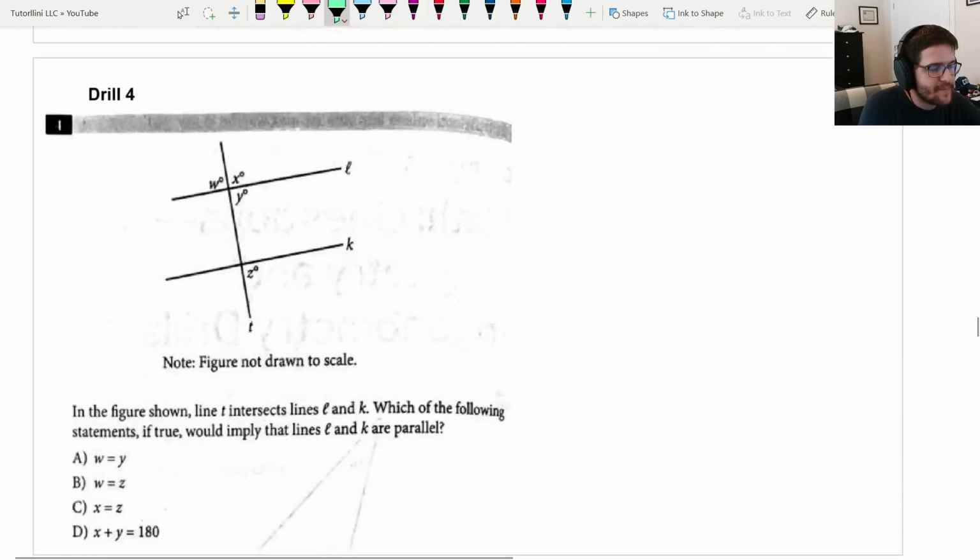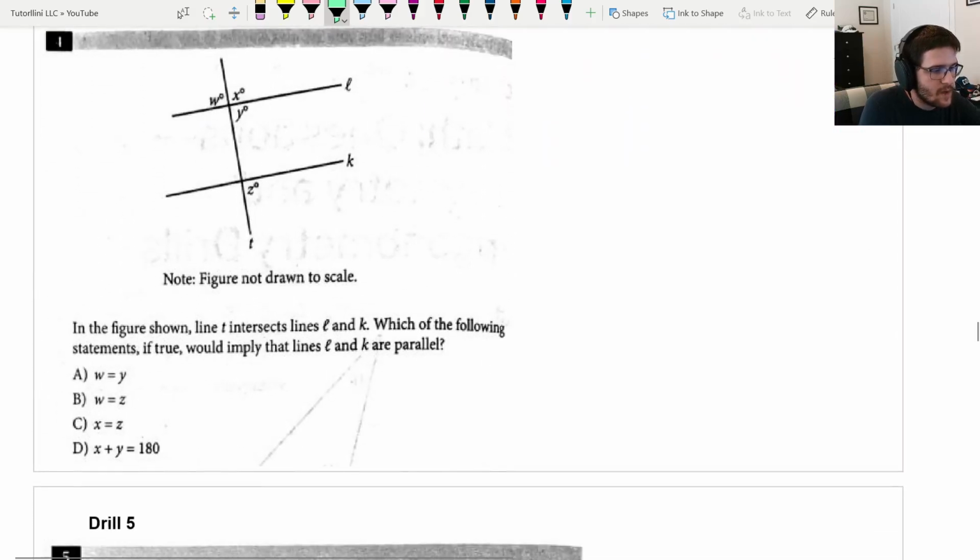So, okay, which of the following would show that they're parallel? Okay, so first of all, in order for these two to be parallel, it has to relate something from here to something from here, right? If we just talk about something here, that doesn't tell us anything about line K. So it has to relate information from here to here.